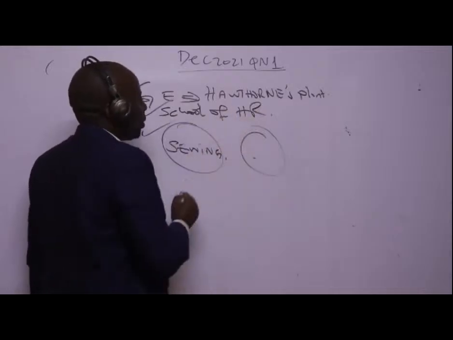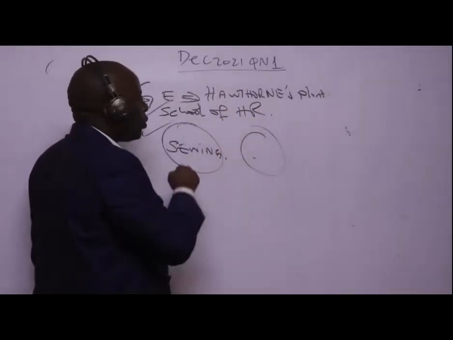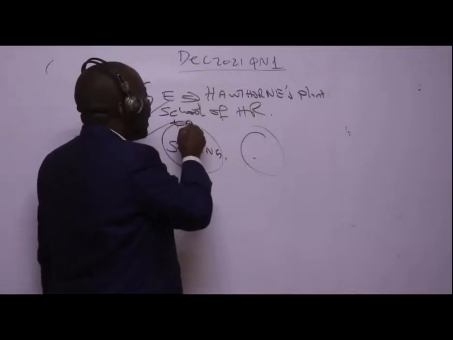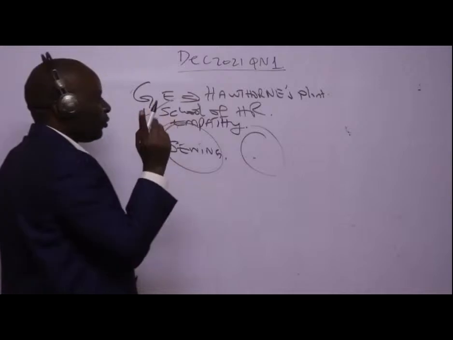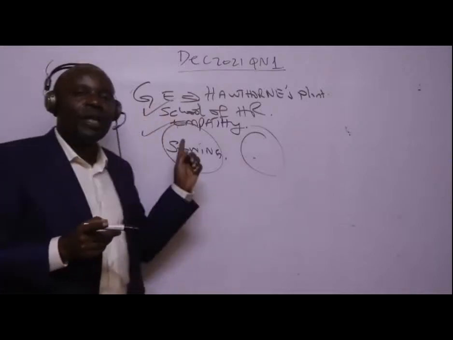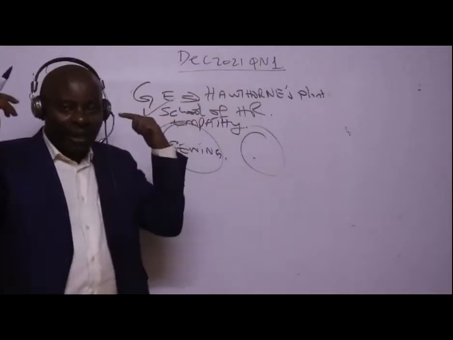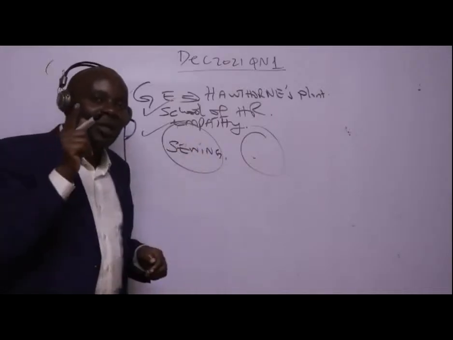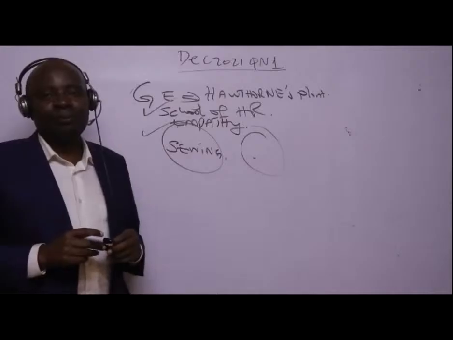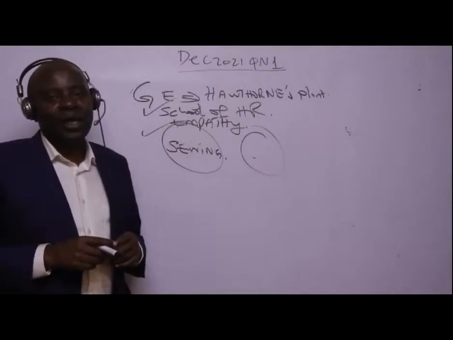School of Human Relations, what you went ahead to coin as empathy. These will be very important for us. If you don't have these kinds of models in your mind when you're answering leadership and management questions, then you cannot really score highly.